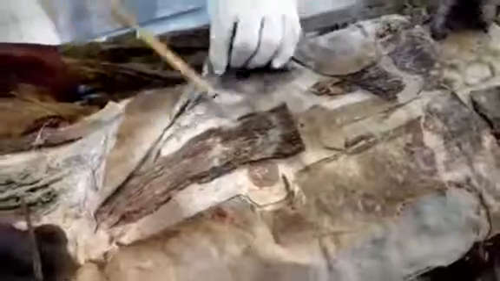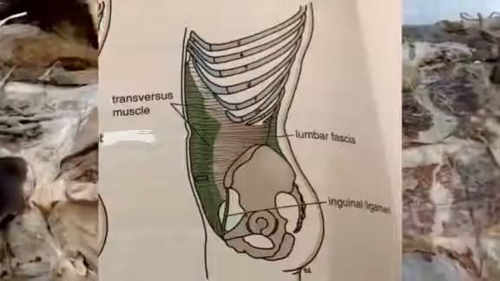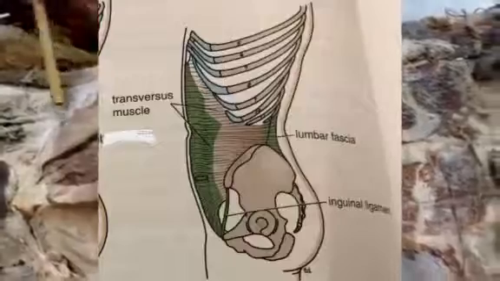The insertion of the internal oblique is almost the same: the costal margin and the linea alba. The transversus abdominis also originates from the thoracolumbar fascia, the iliac crest, and the inguinal ligament. It also inserts into the linea alba.